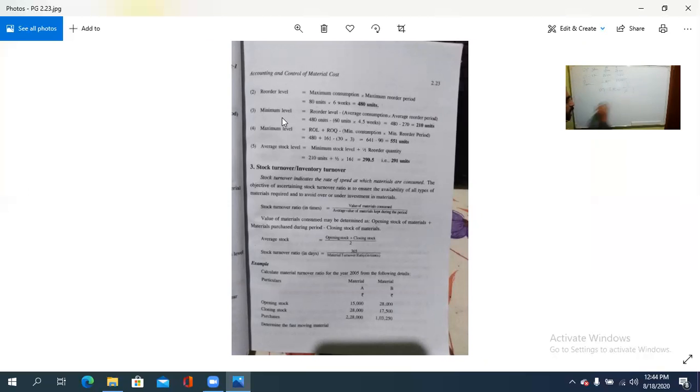So we need to calculate first the value of the material. For A and B, opening stock 15, here 28. Then purchases 228,000 and 103,250.